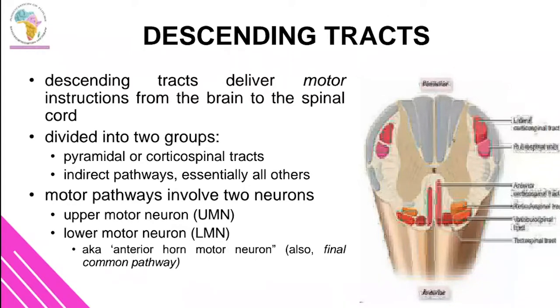The motor pathways that course from these descending tracts are further divided into the upper motor neurons, which move from the cerebral cortex to the spinal cord, and the lower motor neurons, which move from the spinal cord to the specific organs or muscles that they have to innervate.